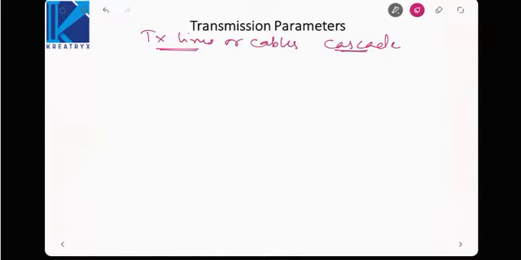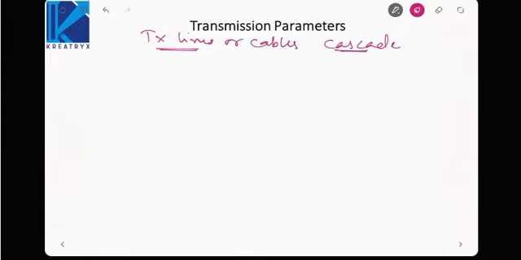Then these parameters are especially helpful, and usually in transmission lines, to achieve larger lengths, because a transmission line is usually laid down for 200-300 km. That cannot be a single wire. It has to be a cascaded connection of multiple lines. In that case, we have to define the transmission parameters.